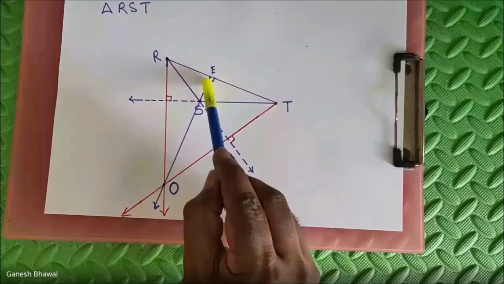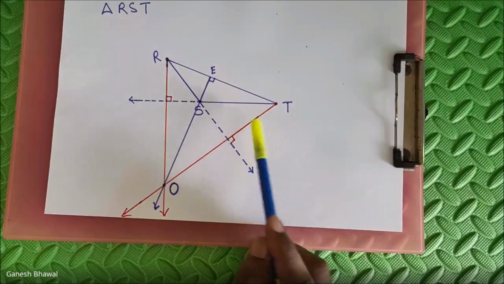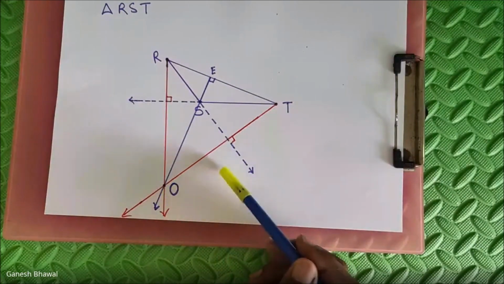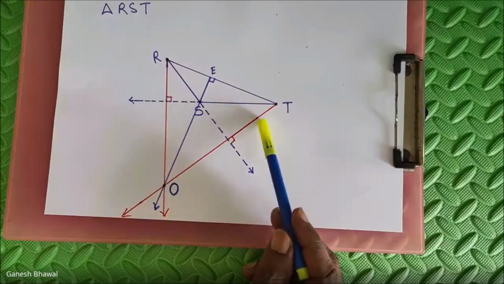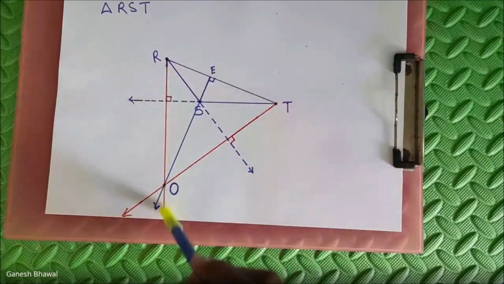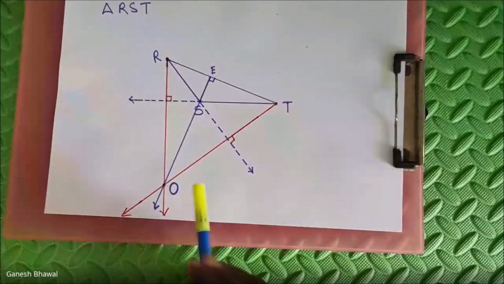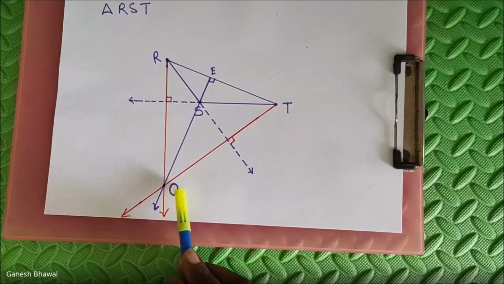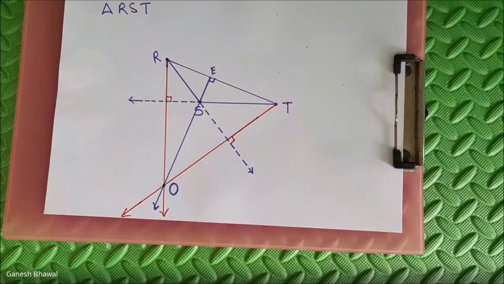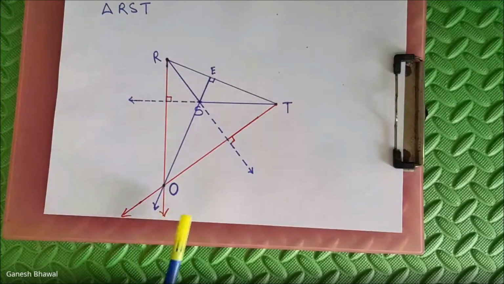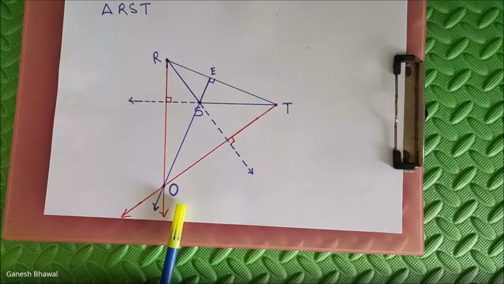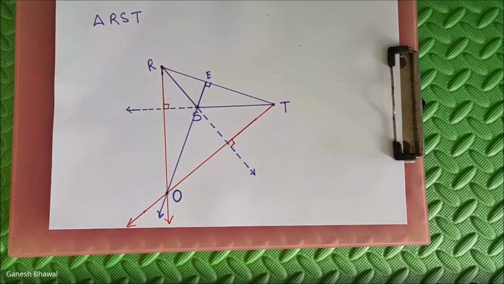So we got three perpendiculars, three altitudes, but they were not passing through one point. For that reason, we have to extend all three altitudes till they pass through a single point, and that point is called the orthocenter, which is the point of concurrence and is denoted by point O. We have taken examples of an acute angle triangle, right angle triangle and obtuse angle triangle.